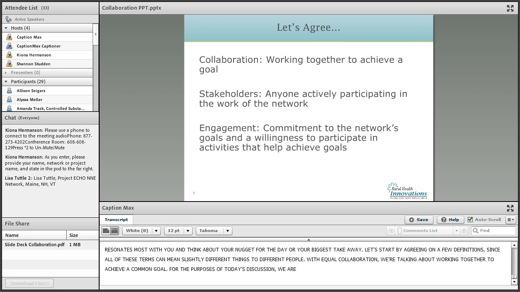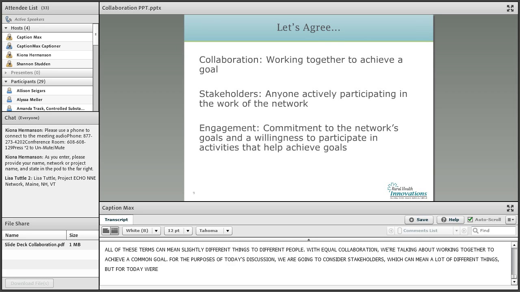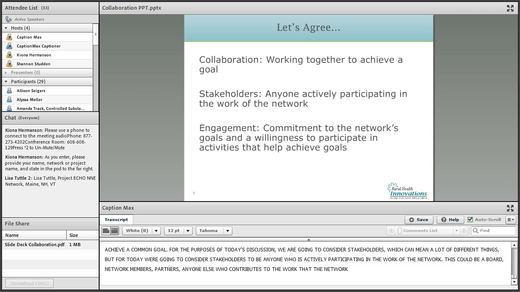So let's start by agreeing on a few definitions, since all of these terms can mean slightly different things to different people. When we talk about collaboration, we're talking about working together to achieve a common goal. For the purposes of today's discussion, we're going to consider stakeholders, which can mean a lot of different things.